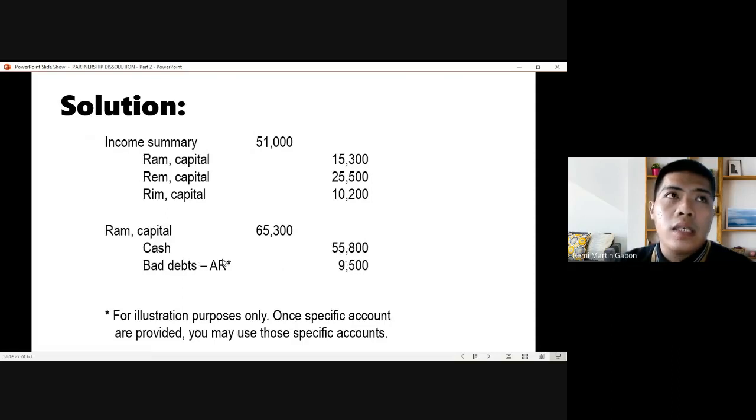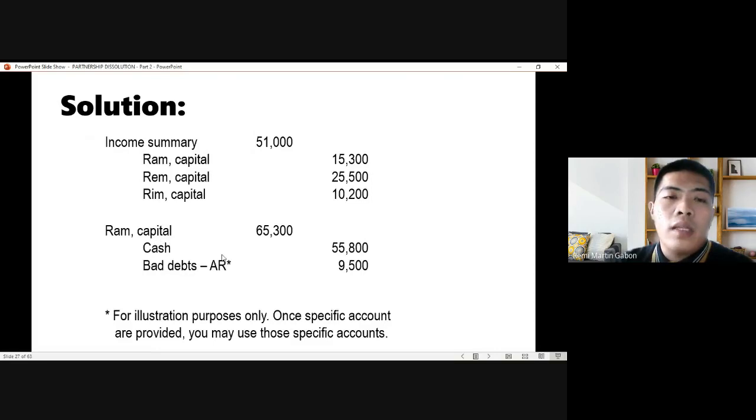Then journalize the retirement: debit RAM capital for 65,300, then credit cash for the agreed retirement price of 55,800, and the difference will be referred to the overvaluation.